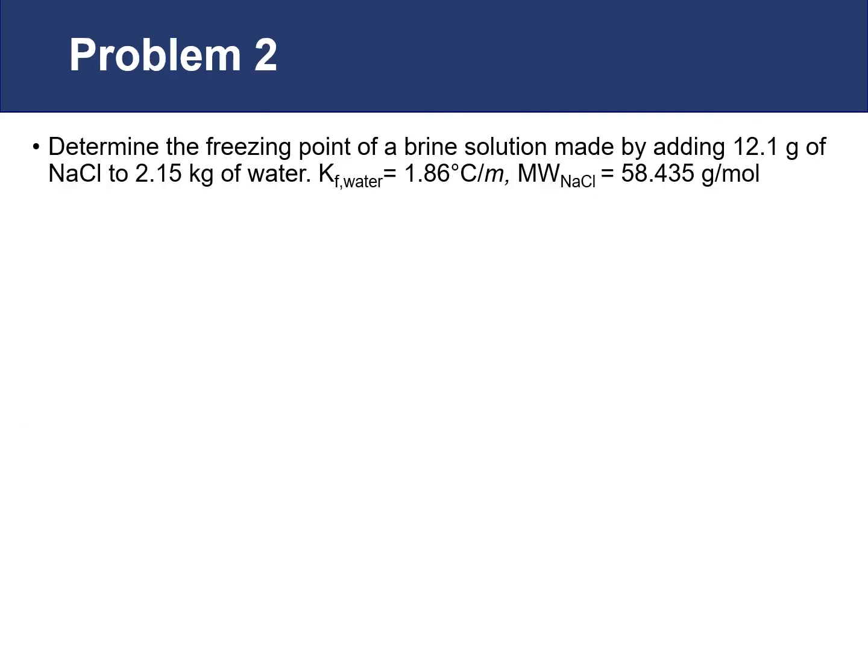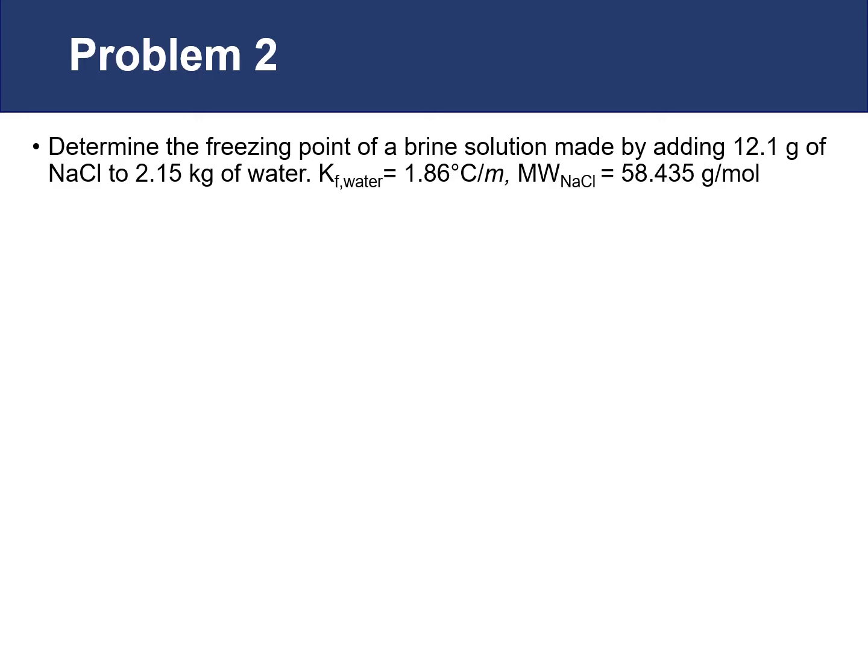In this problem, we will determine the freezing point of a brine solution made by adding 12.1 grams of sodium chloride to 2.15 kilograms of water. The freezing point depression value for water is 1.86 degrees Celsius per molal. Note that lowercase m is italicized, meaning that it is not meters, but instead molal.